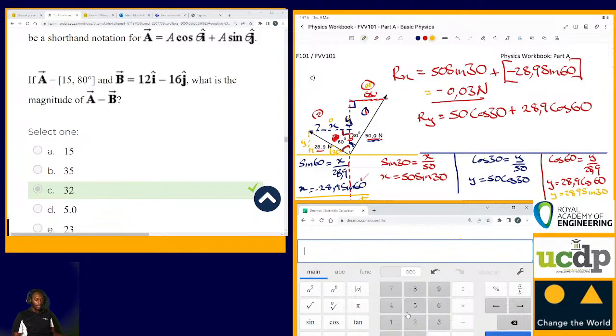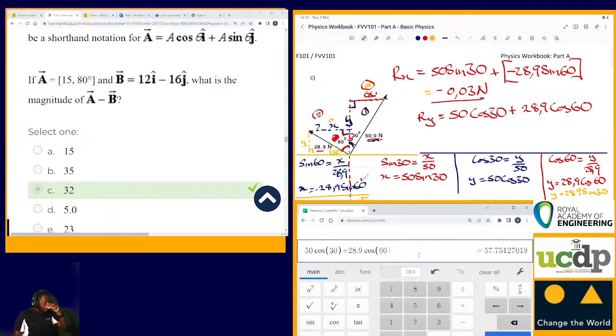Now let's add for y. That's 50 cos 30 plus 28.9 cos 60.